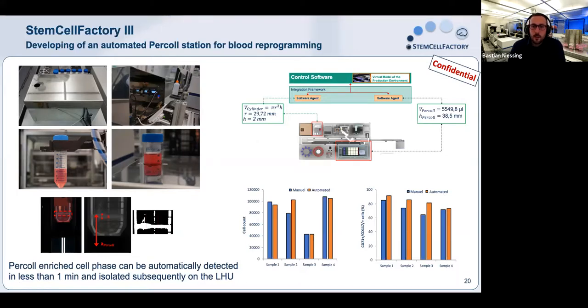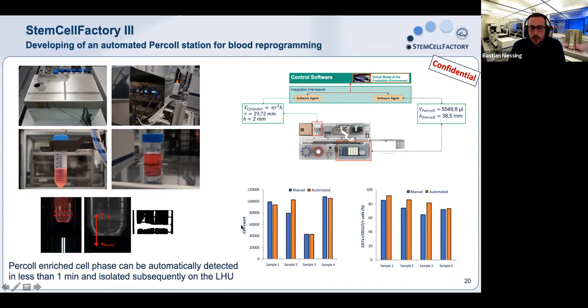And with this, we can easily give those 2 parameters to the liquid handling unit. Then we put the tube with the robot also to the liquid handling unit, and we can define at which height and which volume the liquid handling unit has to pipette. So we get the buffy coat phase. And here on the bottom, you can see the experiments we did manual and automated.